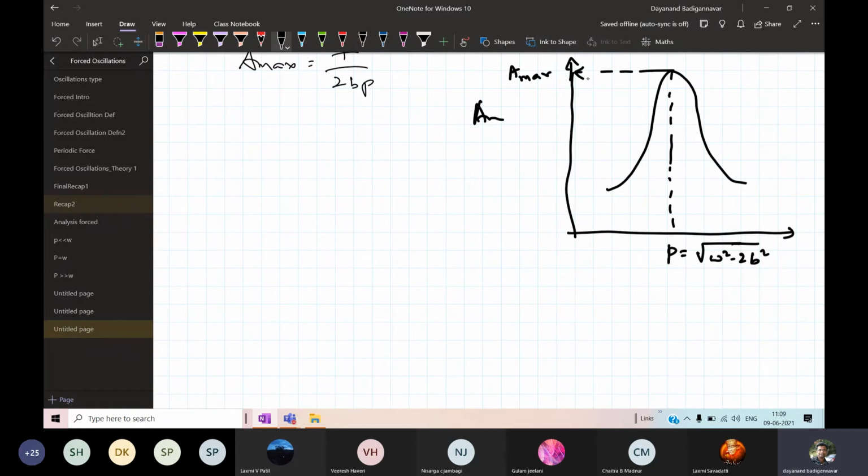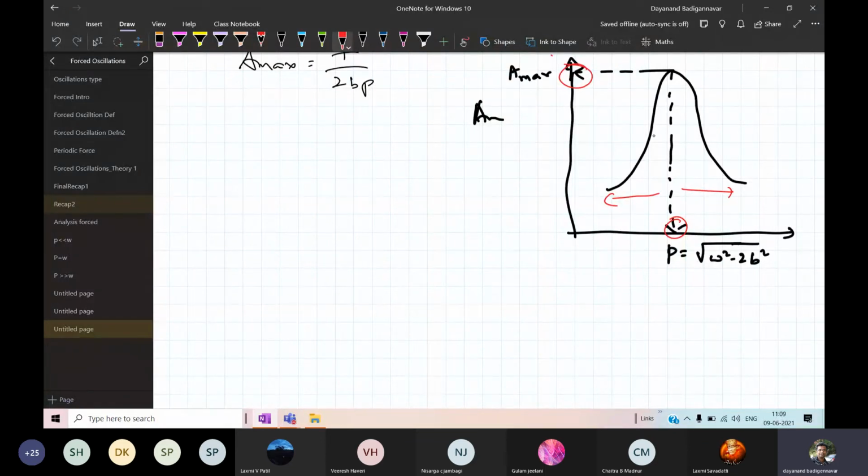AMAX, maximum amplitude. Here, this is the condition for resonance. Now, when it is moving away from this condition of resonance, see how the values decrease. If it is decreasing very fast, then we say there is a sharpness in the curve.